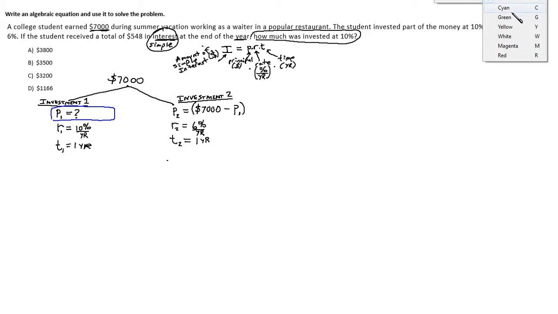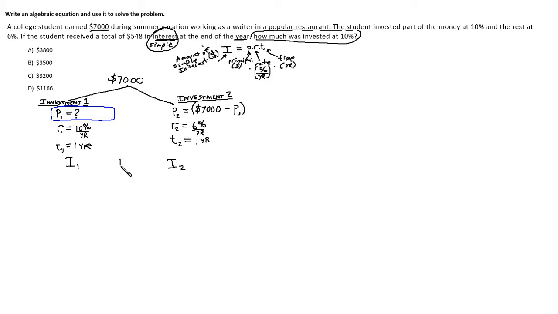And what we can do now is use the P, R, and T's that we have here to calculate how much interest he actually got from investment 1. Remember, I stands for the amount of simple interest earned, or that I owe if this was a loan. We're also going to calculate how much interest he earned from investment 2.